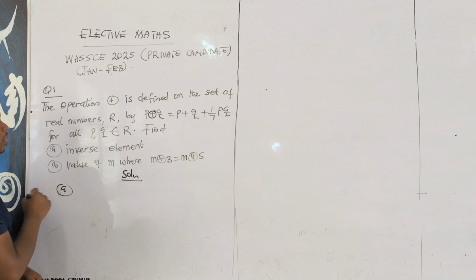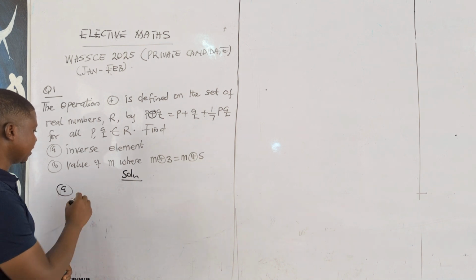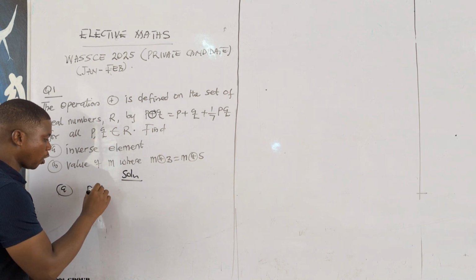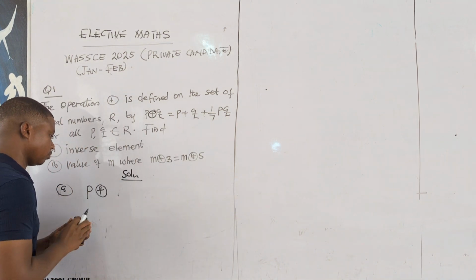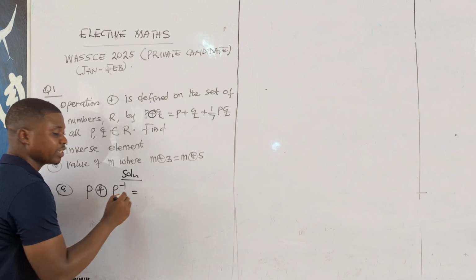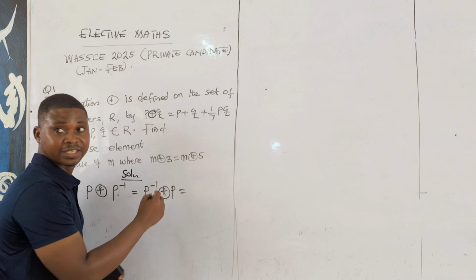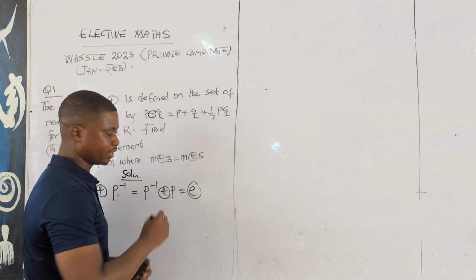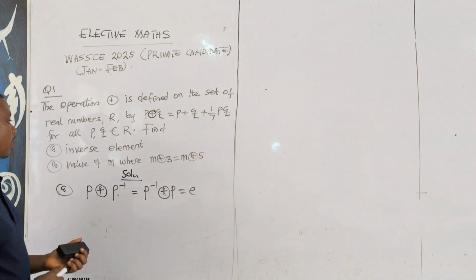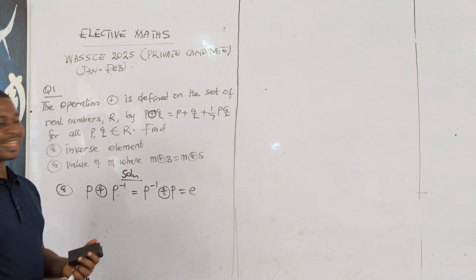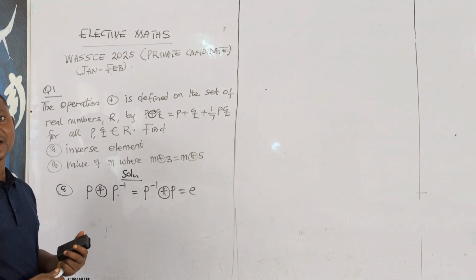In A, we are asked to find the inverse element. To find the inverse element, we have P operating on its inverse, which is the same as the inverse operating on P, to give us the identity element E. But from the question, the identity element is not known, so we need to first find our identity element.